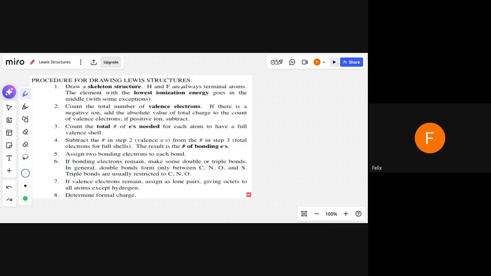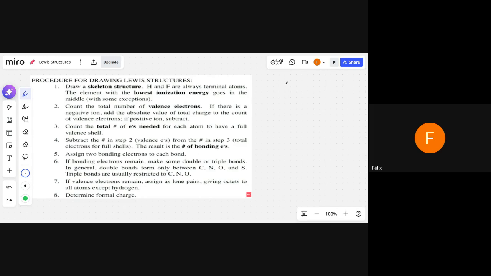Lewis structures enable us to understand how many bonds there will be between two bonded atoms, and how many lone pairs there will be, if any, on the atoms that are present in a certain compound. So you can pause this video here and read these rules, and once you read them, I'll apply them one by one on certain molecules so that we can understand how it works.